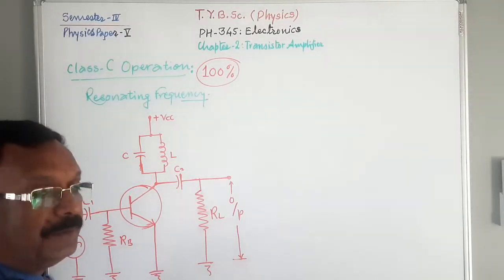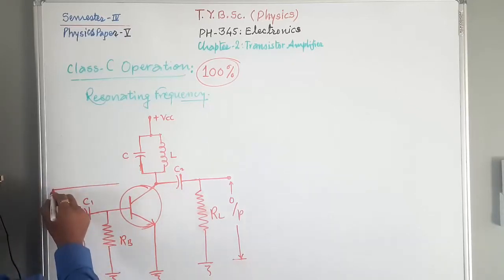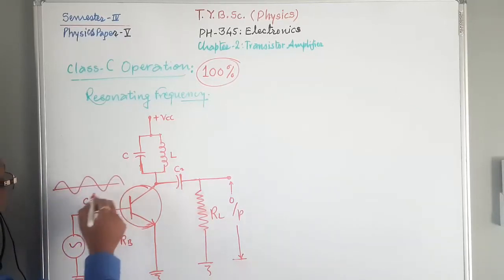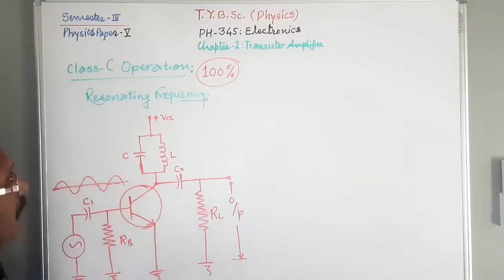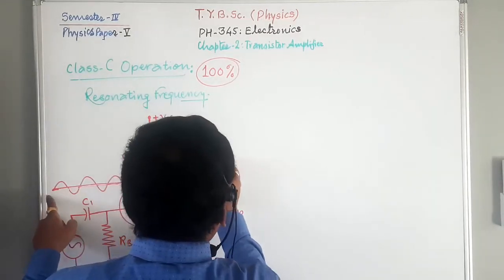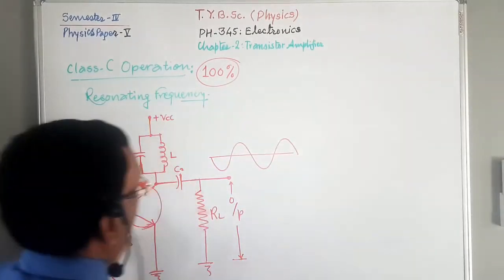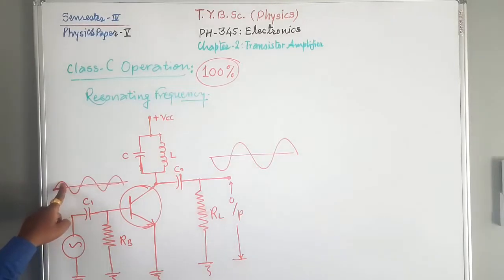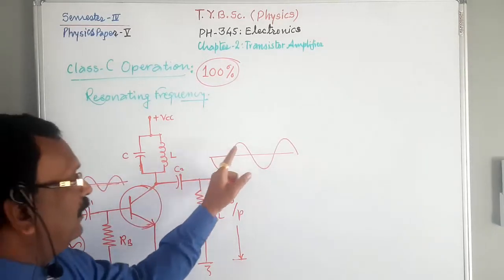Remember that if the signal is provided like this, the output will be in antiphase. Like this output: the first cycle is positive and here negative, the second is negative and the second is positive.